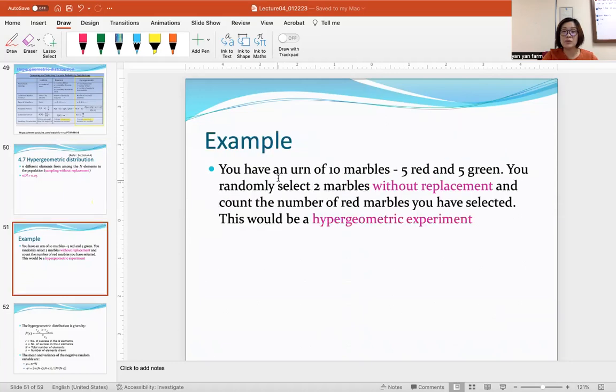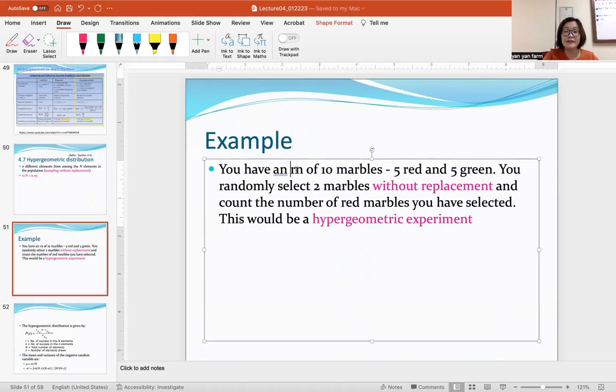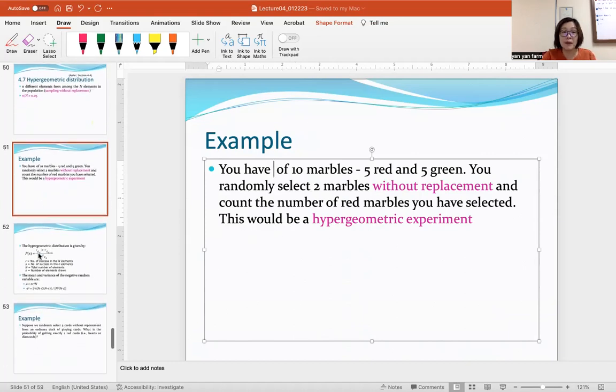Okay, so just now we learned about, you have 10 marbles, 5 red and 5 green. You randomly select 2 marbles without replacement and count the number of red marbles you have selected. This would be a hypergeometric experiment, for sure, because you're not putting it back.